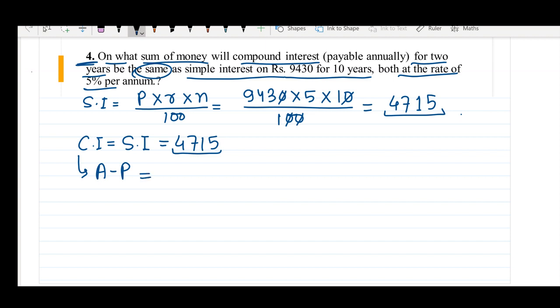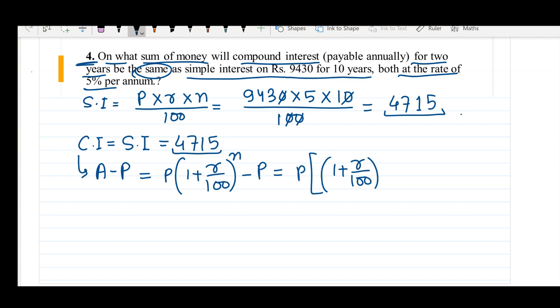And amount, we have the formula for it. It is P times 1 plus R over 100 to the power n, minus P. We can take P common and it will become P times 1 plus R over 100 to the power n, minus 1.